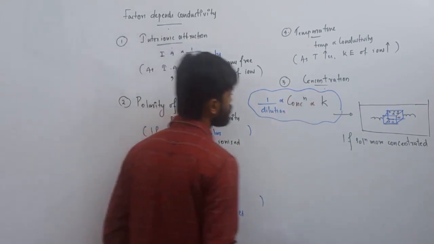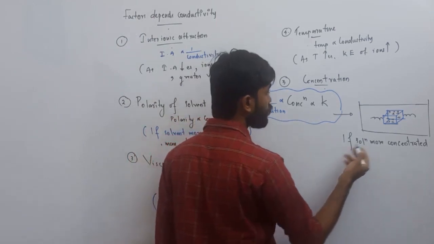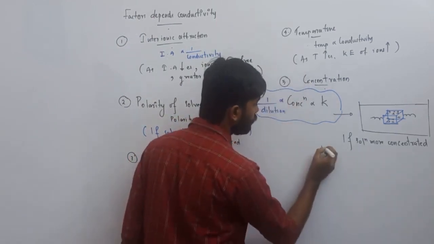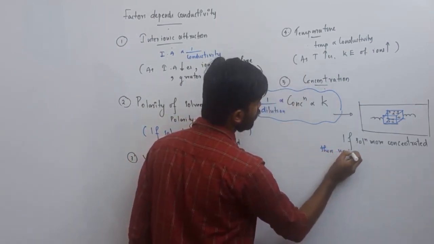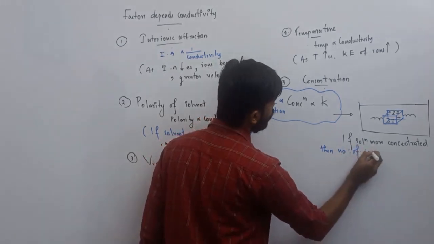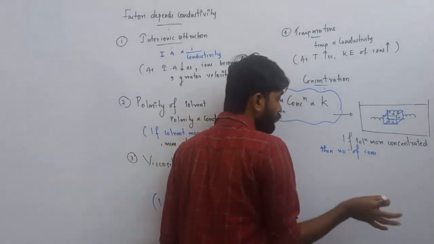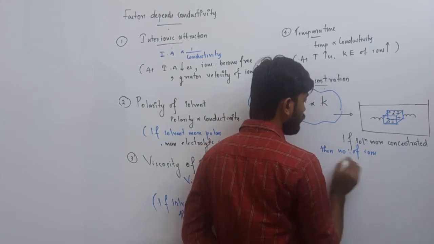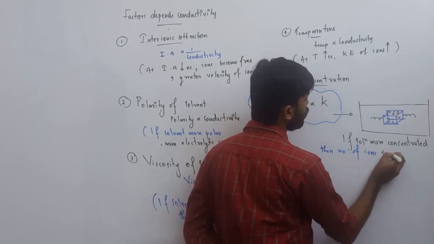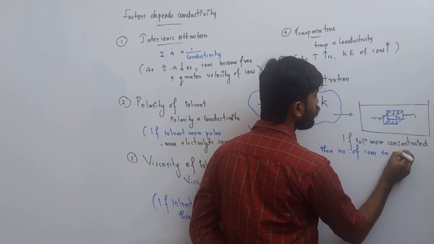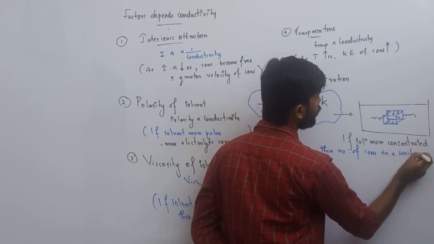Specific conductance increases. So if a solution is more concentrated, the number of ions, our charge carriers, in a unit volume increases.